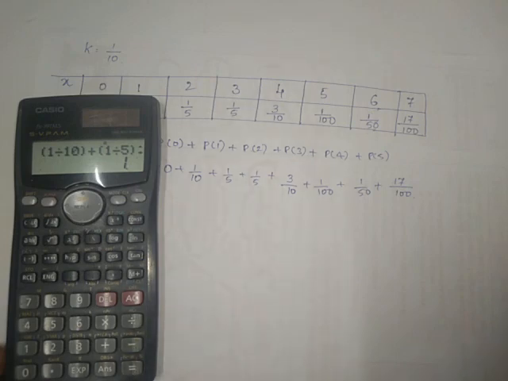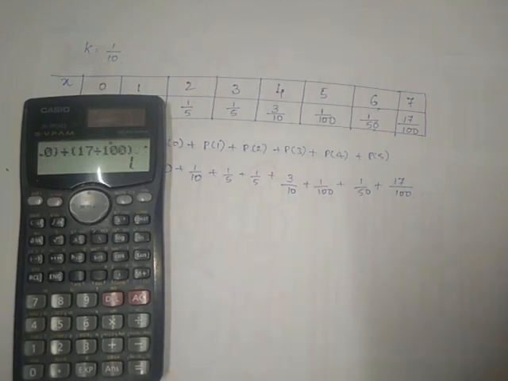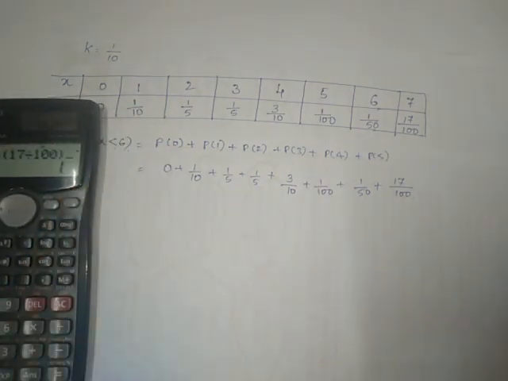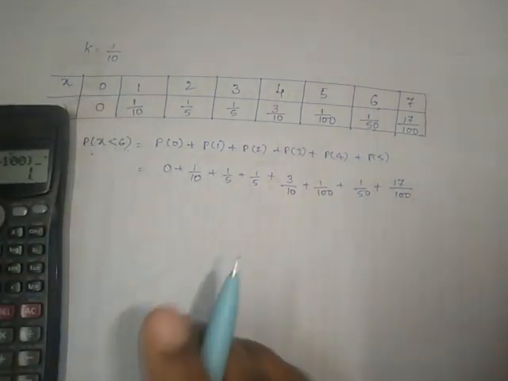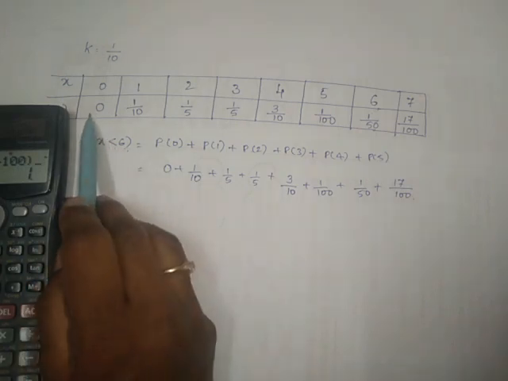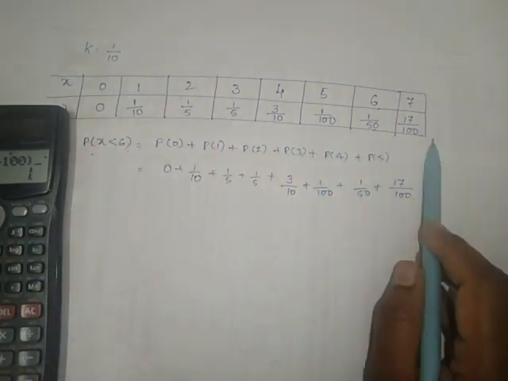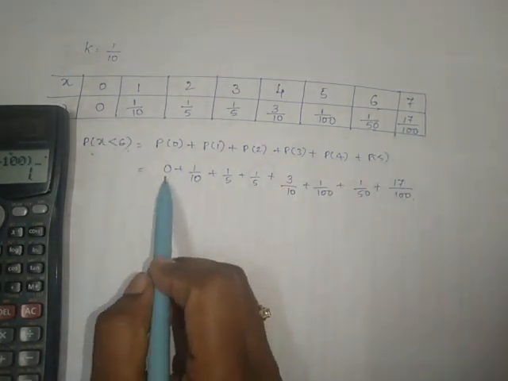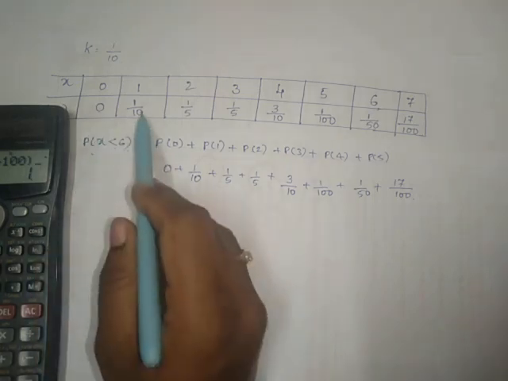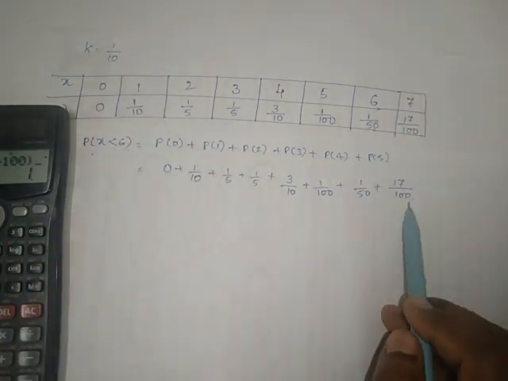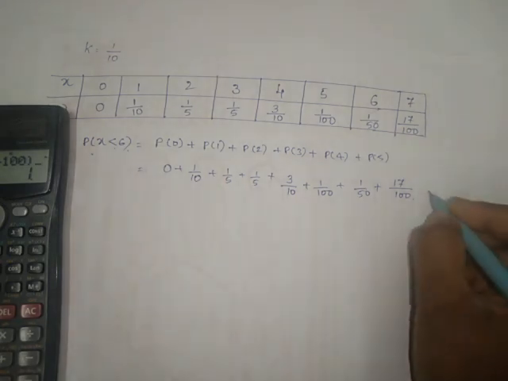What is the answer? Here we got the answer as 1, but it should not be 1. Why are we getting 1? I have considered all the values from 0 to 7, and the addition of all these values will always be equal to 1.